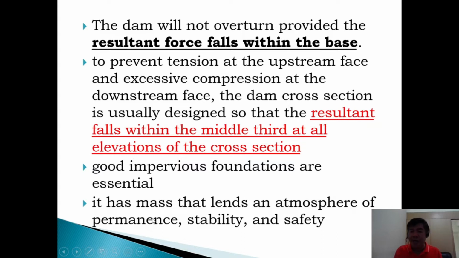So the dam has a mass that lends an atmosphere of permanence, stability, and safety. It depends on the unit weight: the heavier the structure, based on the unit weight of the earth material used, the greater the effect on the stability and safety of the structure.